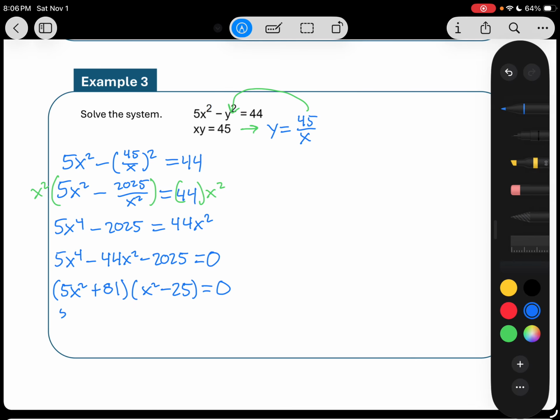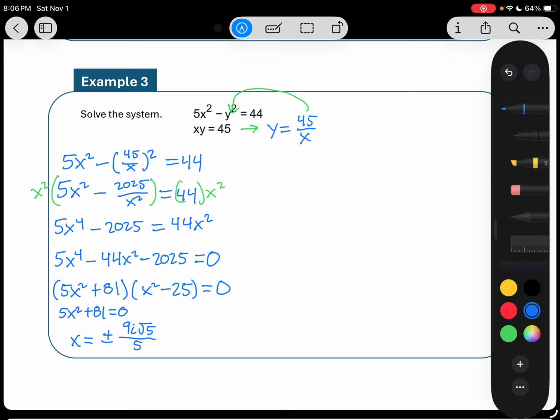So if you set both of those equal to 0 and solve, you are going to get that x is equal to plus or minus 9i root 5 over 5.